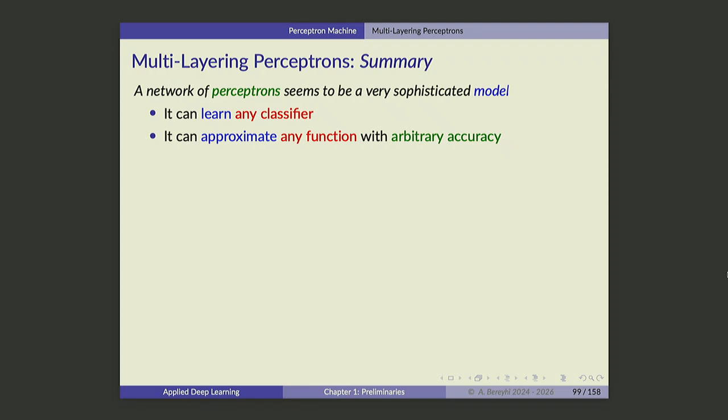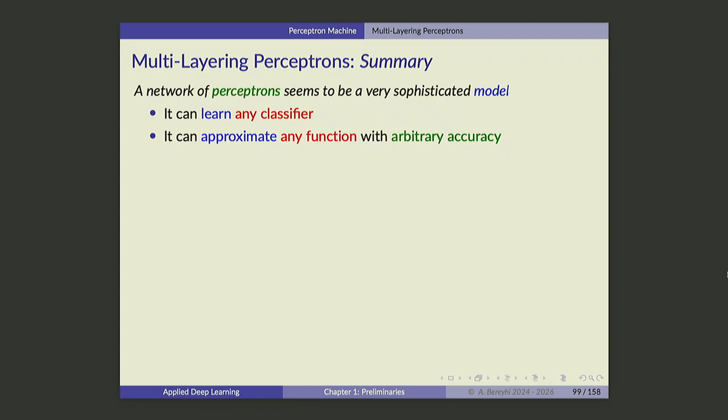There is one class for this, right? There is another weird subspace. It belongs to another class, and so on, right? And any classification problem that you have is essentially such a problem, right? And any of such problems, you can always learn if you have enough perceptrons. You just need to tune them and connect them properly together, right?